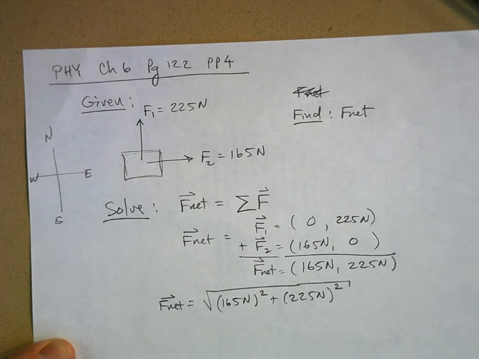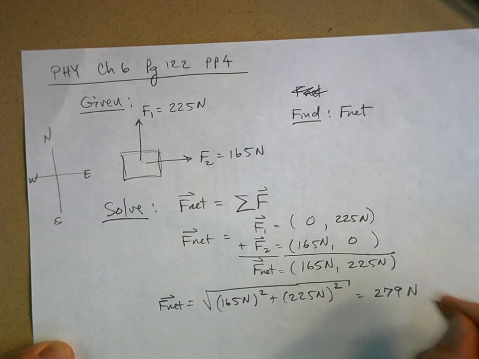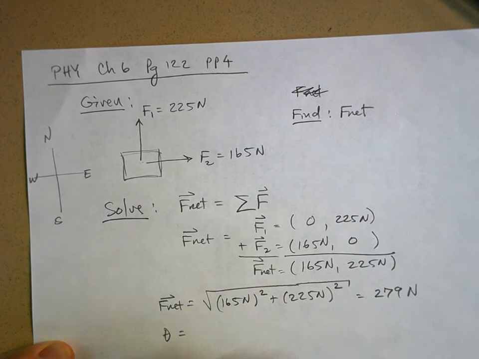So let's do this. 165 squared plus 225 squared equals, and then take the square root of that. And I get 279 Newtons.